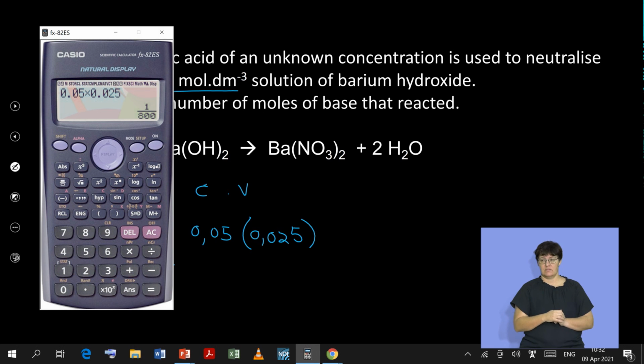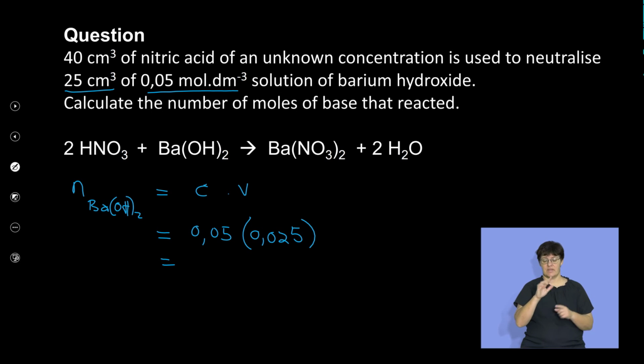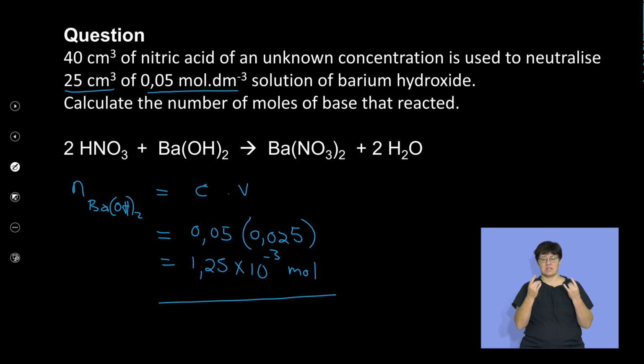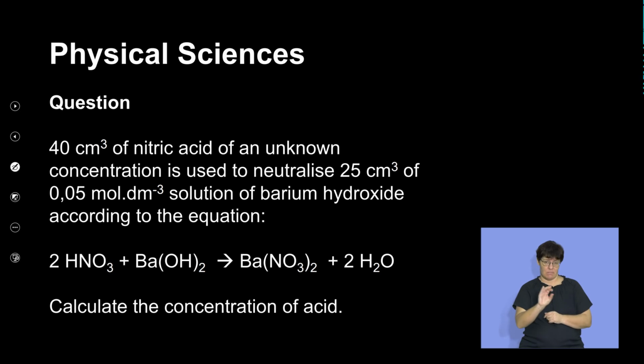This gives us the number of moles, which is 1.25 times 10 exponent minus 3 moles, right? So that's the number of moles. So this is a routine calculation where you've got the formula, substitution, and the correct answer, including the correct SI unit, right? And then it says here, calculate the concentration of the acid.